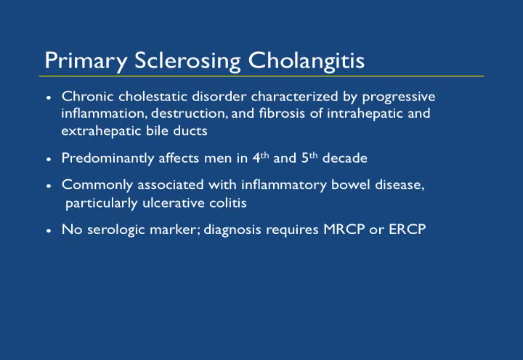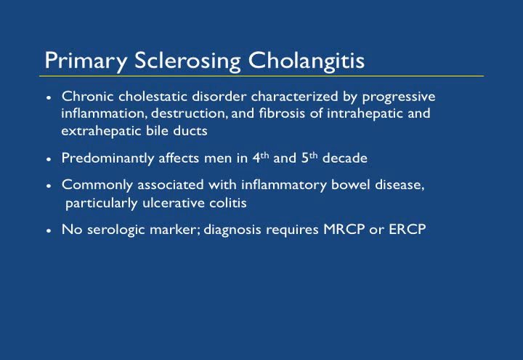Finally, primary sclerosing cholangitis is a chronic cholestatic disorder characterized by progressive inflammation, destruction, and fibrosis of intrahepatic and extrahepatic bile ducts that may present with elevated alkaline phosphatase. It affects predominantly men in their 4th and 5th decade. It's commonly associated with inflammatory bowel disease, particularly ulcerative colitis.